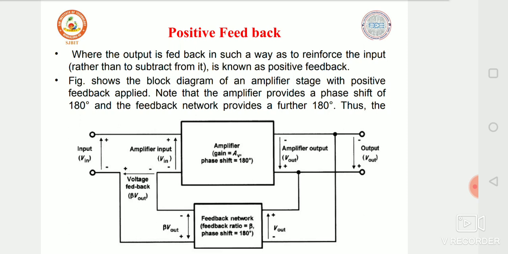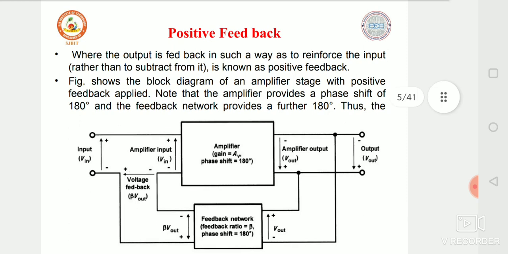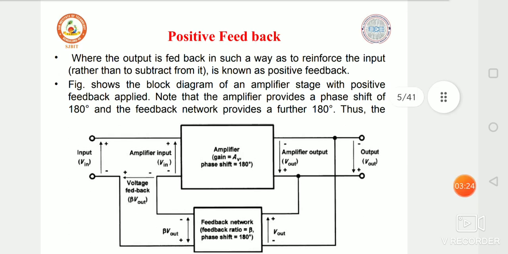The block diagram of an amplifier stage with positive feedback is shown in the figure. The amplifier provides a phase shift of 180 degrees, and the feedback network has to be designed to produce a further 180 degree phase shift.